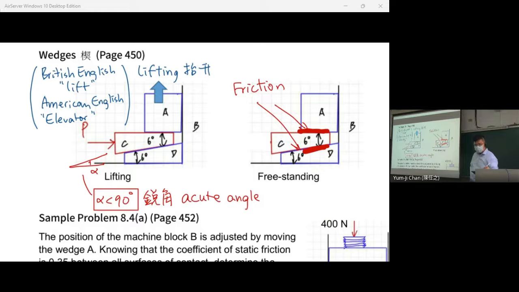But if there is no force P here, it is freestanding. It will stay there.